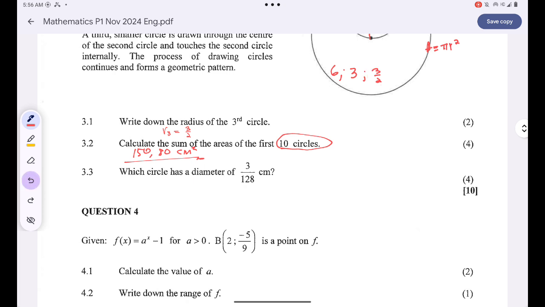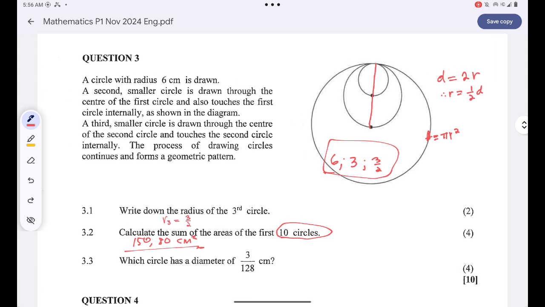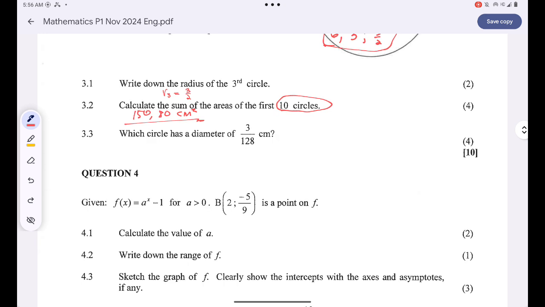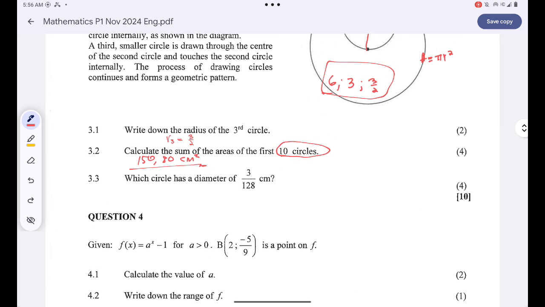You can use this, or you can formulate your own sequence of diameters. Remember that for you to find a diameter, you must just multiply the radius by 2. So if the first circle has a radius of 6, that means its diameter is just equal to 12.